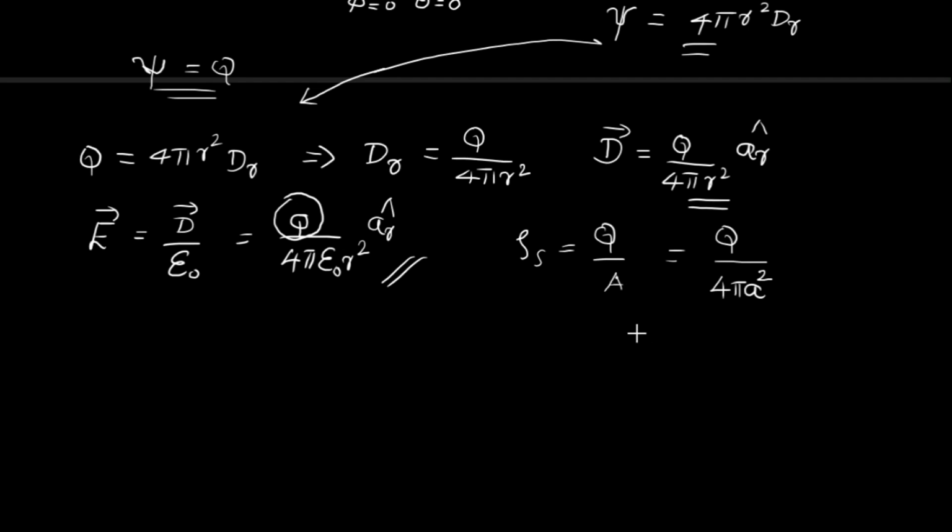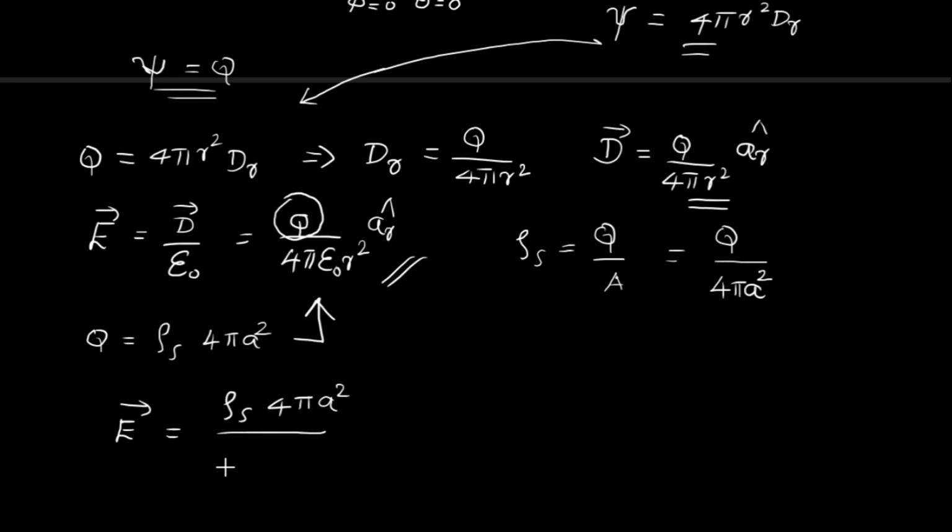So from this, what is my Q? From that equation, Q is nothing but rho s multiplied by 4 pi A squared. I can substitute this here to find my new E vector. After substituting the value of Q, my E vector is rho s 4 pi A squared all divided by 4 pi epsilon naught r squared ar cap.